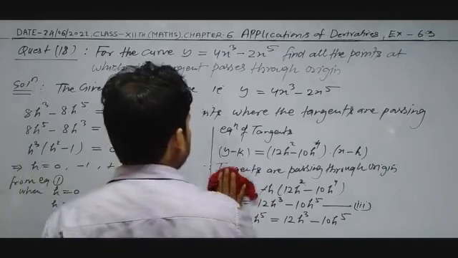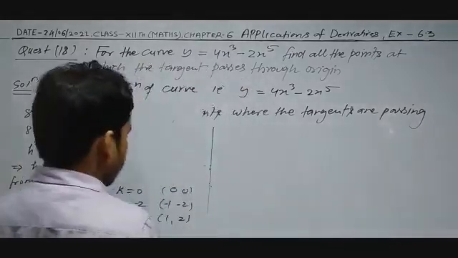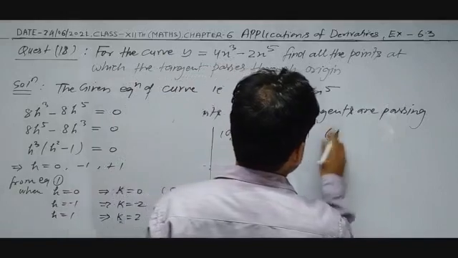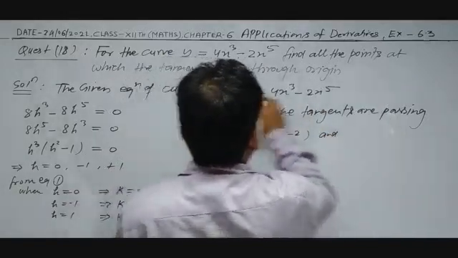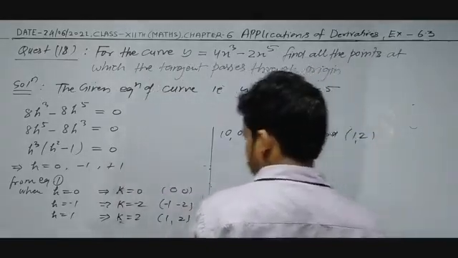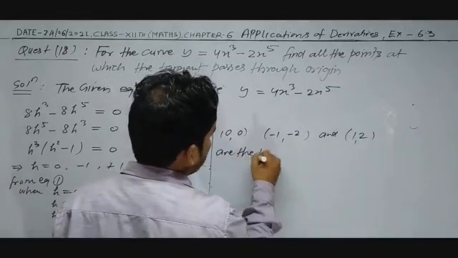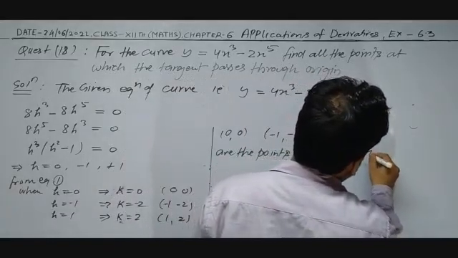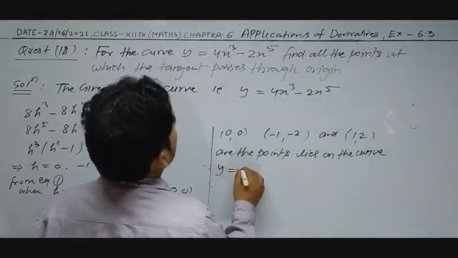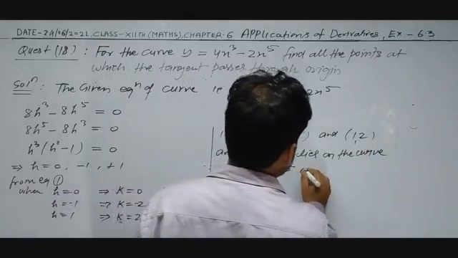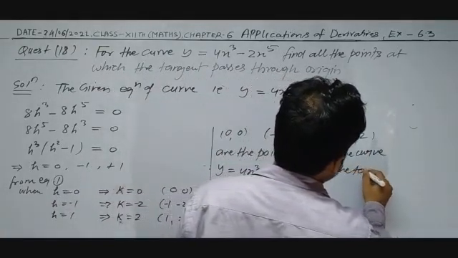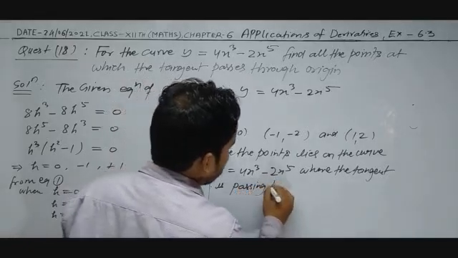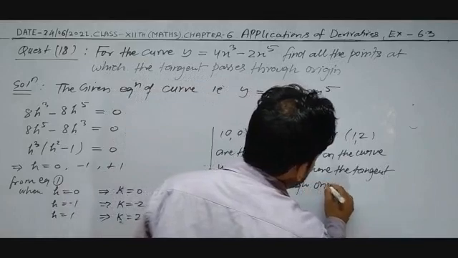So what you can write as the answer? 0, 0; minus 1, minus 2; and 1, 2 are the points that lie on the curve y is equal to 4x cube minus 2x to the power 5, where the tangent is passing through origin.